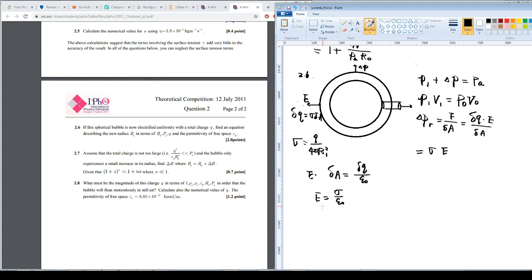This E is due to all charges, because we're using symmetry, including the ones at delta A. Does that seem reasonable when we do this calculation right here?